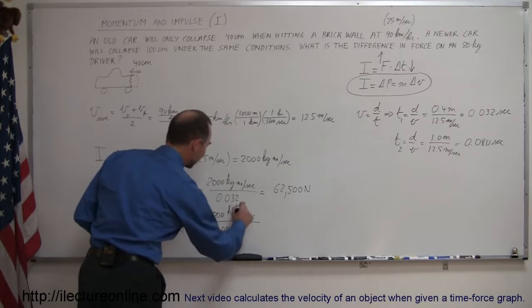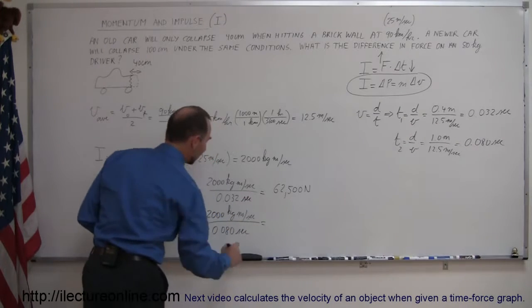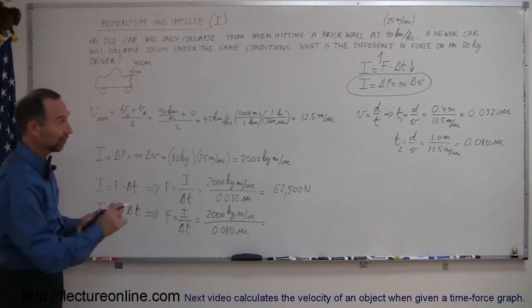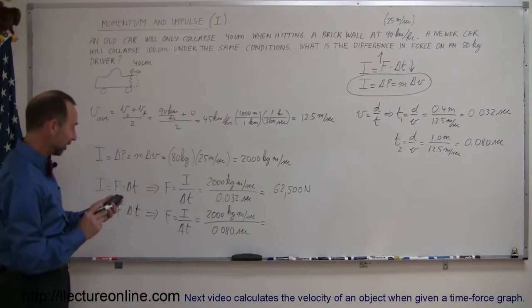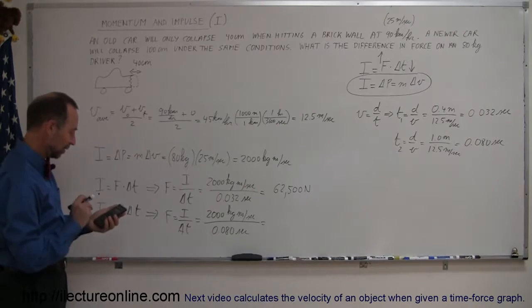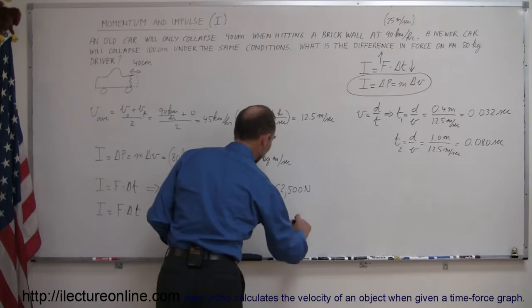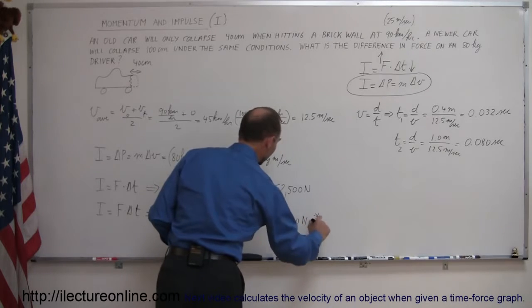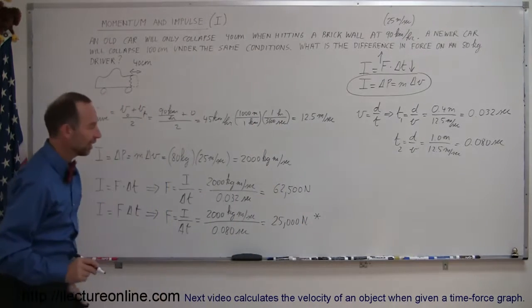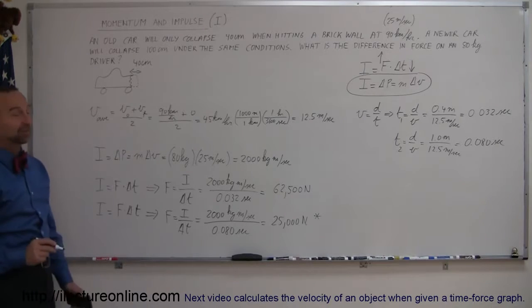It may not seem like a lot, but that's an additional 48 milliseconds. And if we do the very same calculation, but with a different time, we only have a force of 25,000 newtons. So definitely a lot easier on the chest when you hit a brick wall going 90 kilometers per hour.